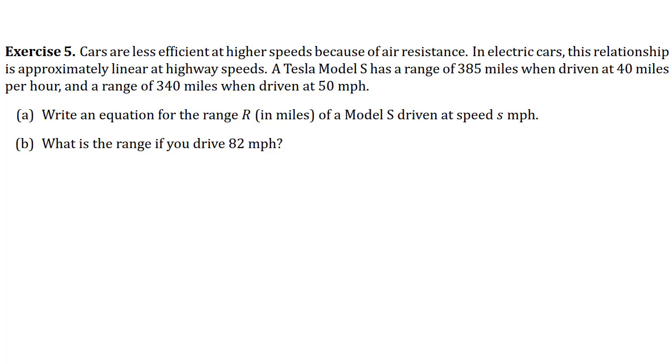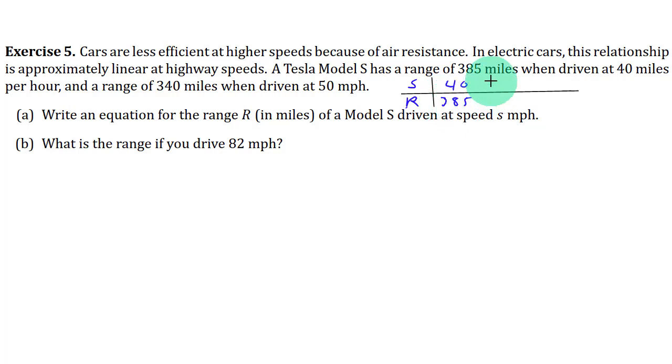So let's see. Well, let's make a little table where we have two values of S and two values of R. We have S is 40 and R is 385 there.